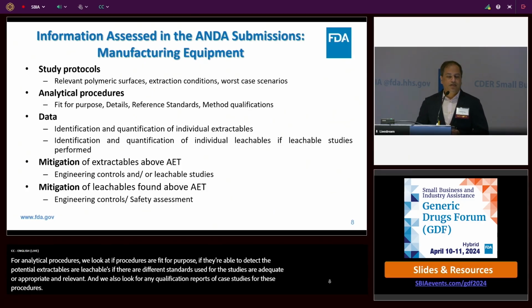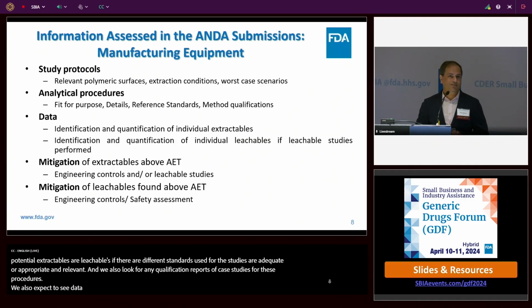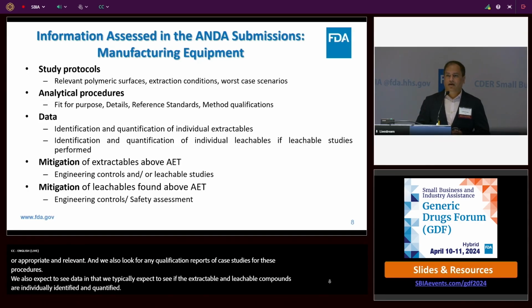We also typically expect to see if the extractable and leachable compounds are individually identified and quantified. And this is the kind of information that a lot of applicants do not provide.